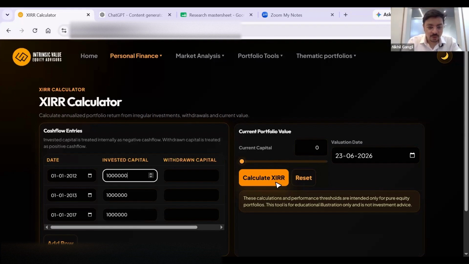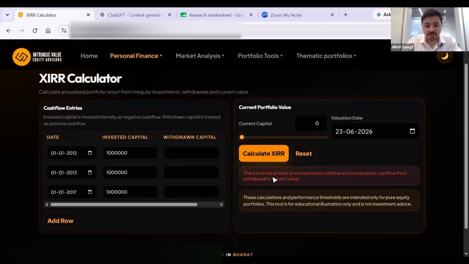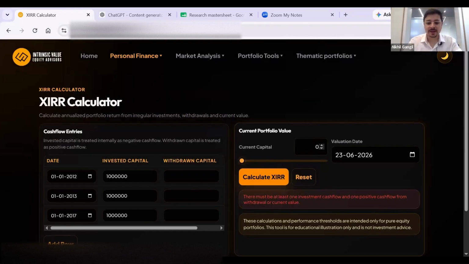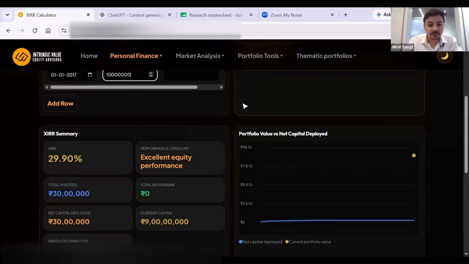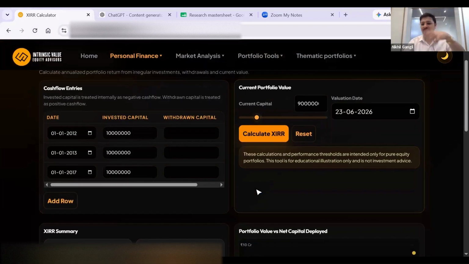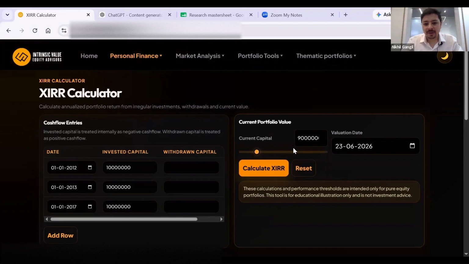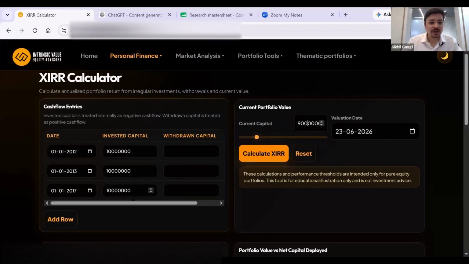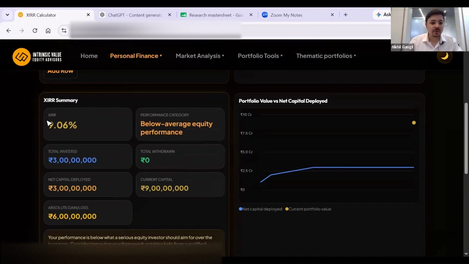So this is 1, 1, 1. And right now he has like 9 crore rupees or something. This is very similar to what it looked like, right? So he had nearly this amount and he had invested in 12, 13 and 17. And this was his figure, nearly 8.9 and 9.25, that was the reality.